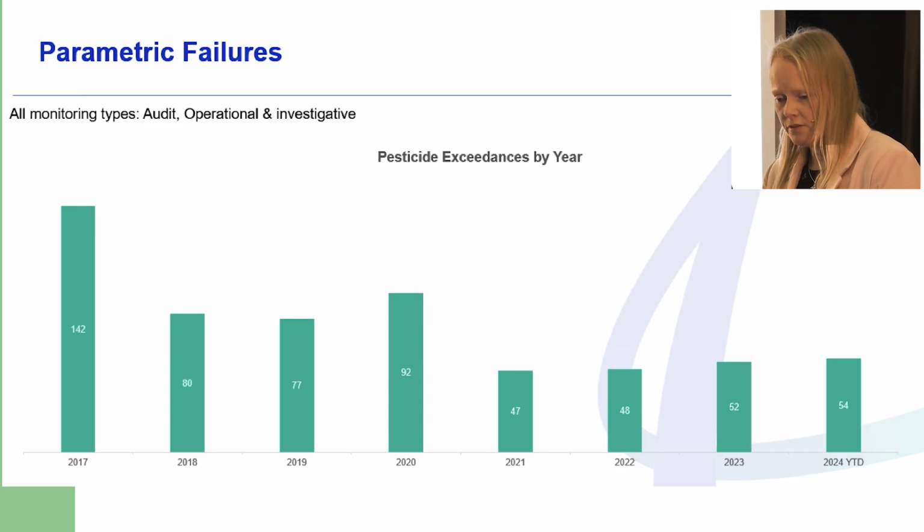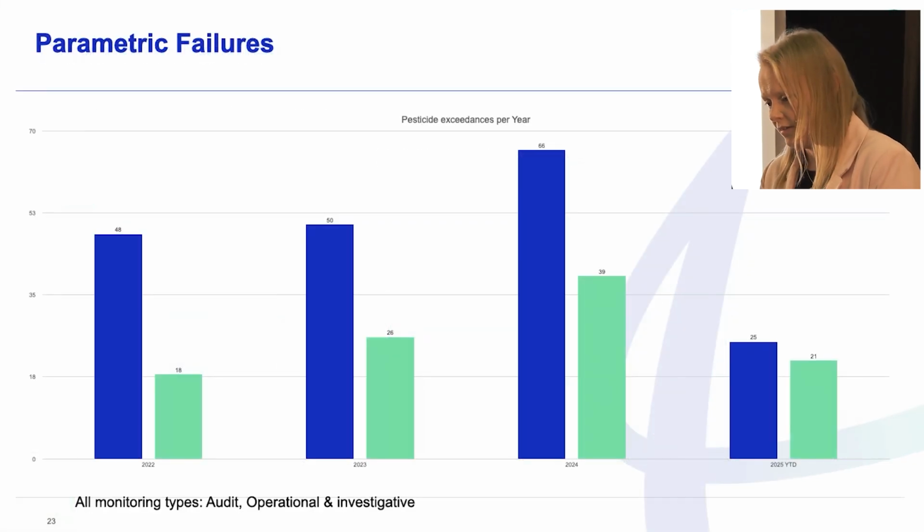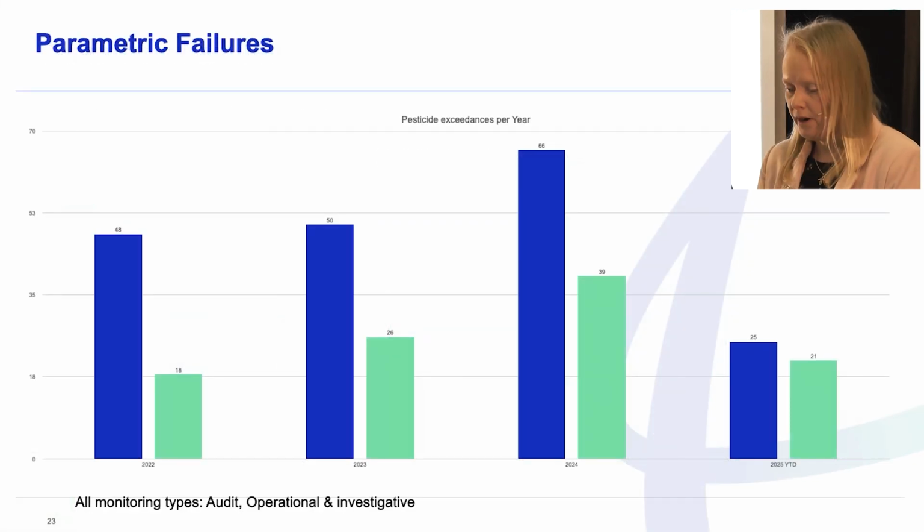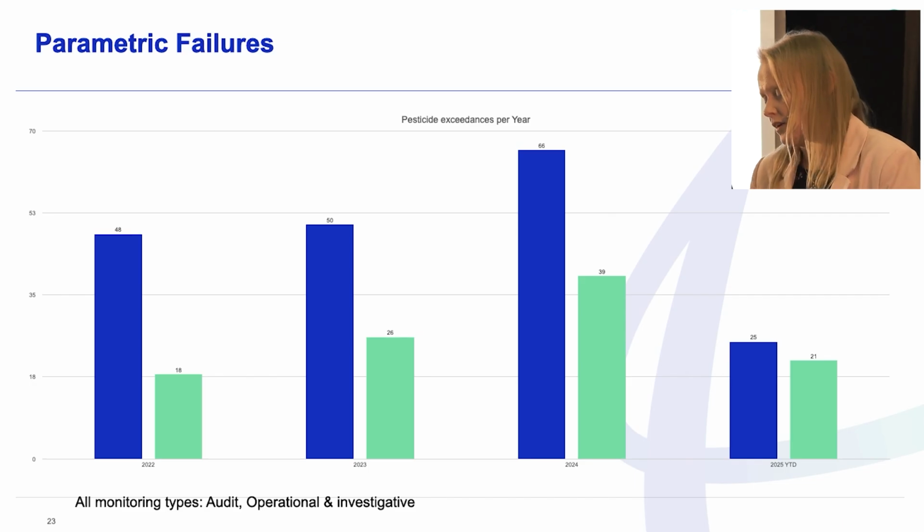If we look at it from the point of view of total pesticides versus MCPA, the total pesticides are the blue bars and the MCPA are the green bars. Again, there is a slight downward trend. There was an increase in exceedances found last year, particularly in the total pesticides, but this year to date, the figures are looking more positive.